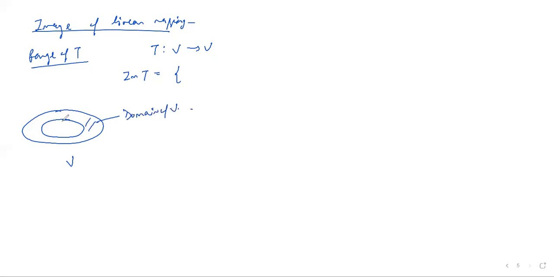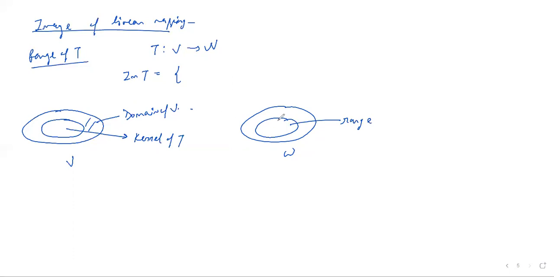This is the kernel of T, or all those elements which map to the zero vector. And this is my other vector space, which is W, and this is the range.